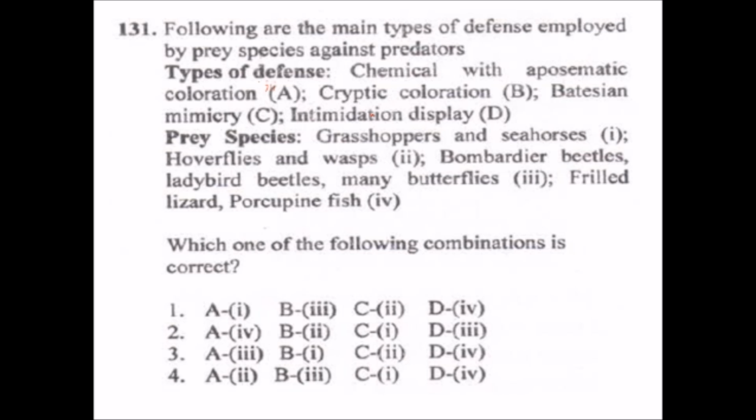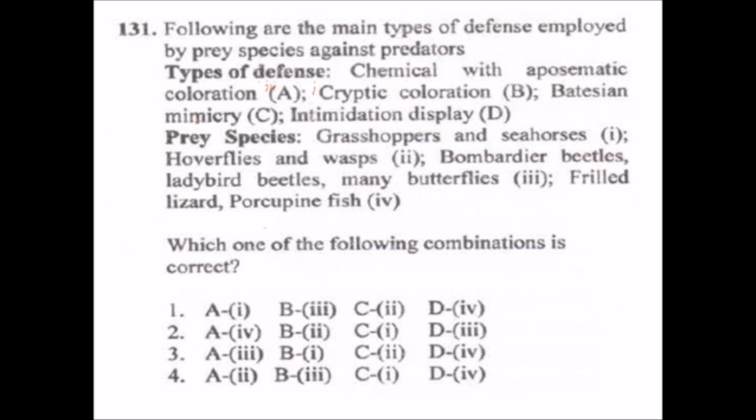Their wings are also very similar to leaves. They look like a tiny stem or part of the leaves. So their color is according to the environment, which is cryptic coloration. So it will be shown by number 1, the grasshoppers and seahorse.